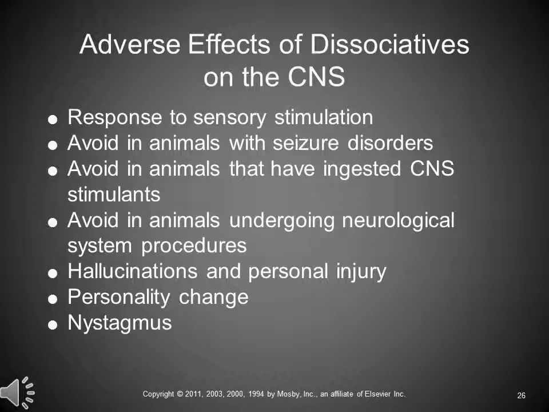And I have seen cats that received large injections or, you know, repeat injections at lower levels of particularly tiletamine that have undergone personality changes. They kind of go from mean, unhappy, cranky cats to sweet, loving kind of couch potatoes. I hadn't quite figured that one out yet, but you know, I'm sure some students would love to use it on some of the teachers. And nystagmus, we will see nystagmus in these guys, eye twitchy stuff.